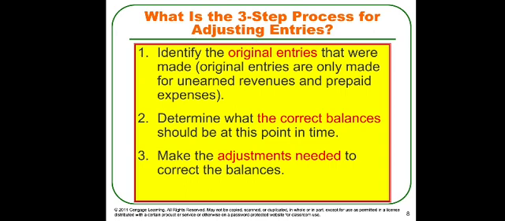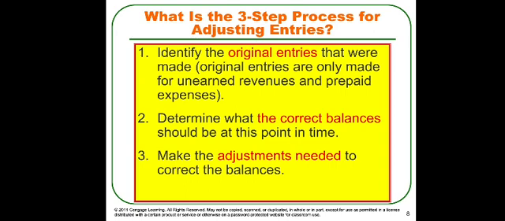Okay, when you do the adjusting entries, you have to follow these three steps. The first step is you have to identify the original entries that were made. This step is relevant for adjusting entries for unearned revenues and prepaid expenses only.